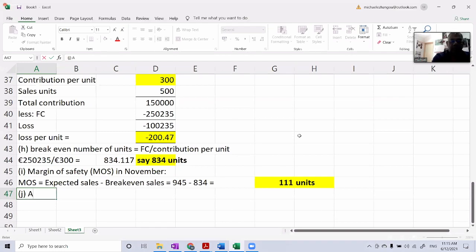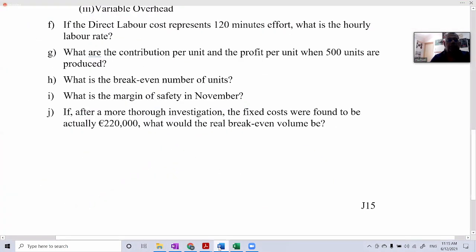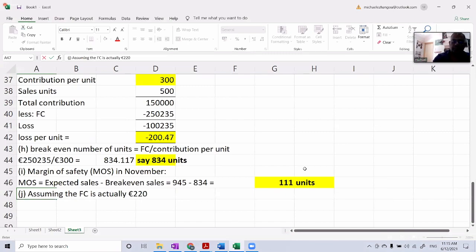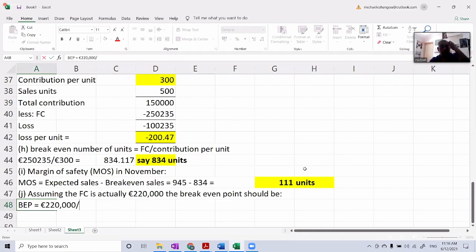So assuming the fixed cost is actually 220,000, the break-even point should be 220,000 divided by the contribution per unit, which was 300.